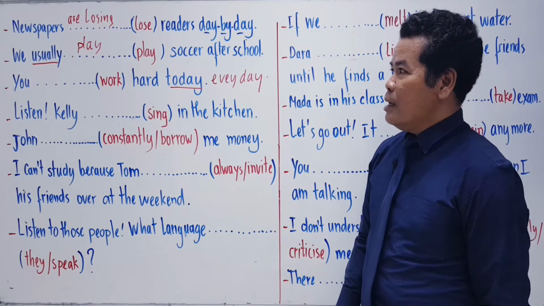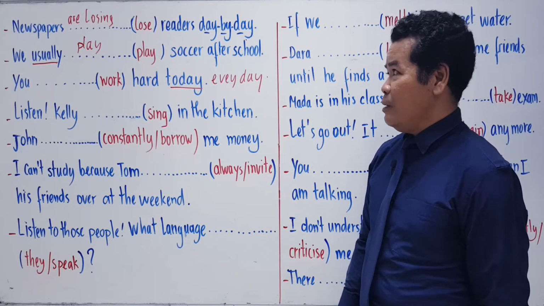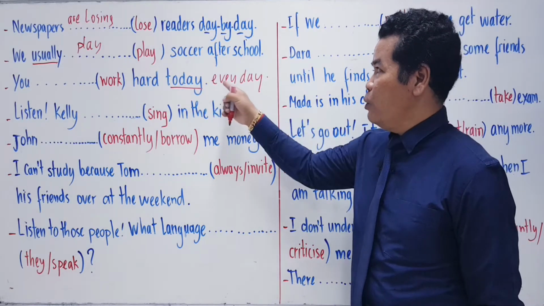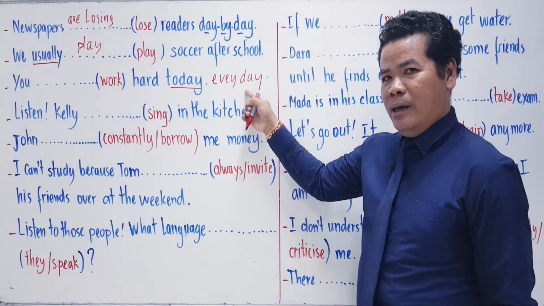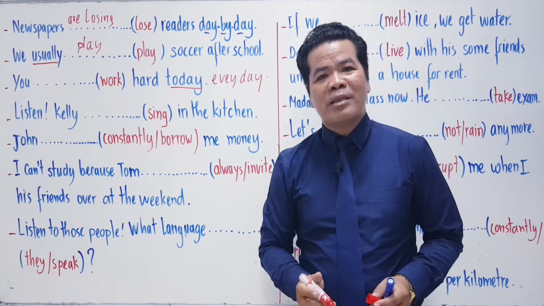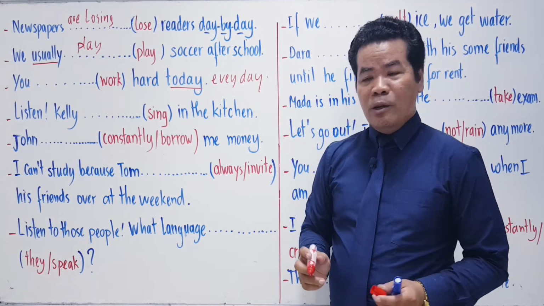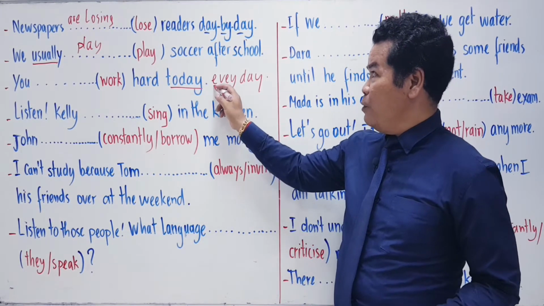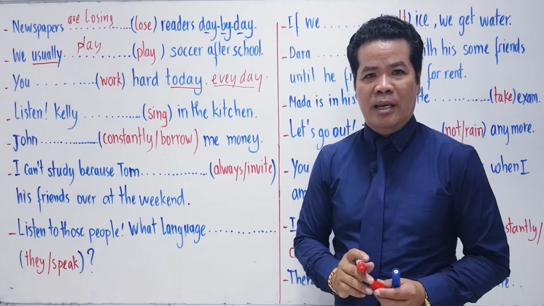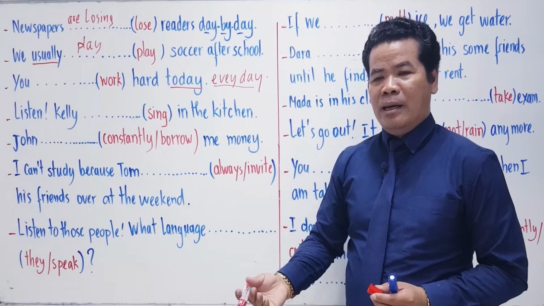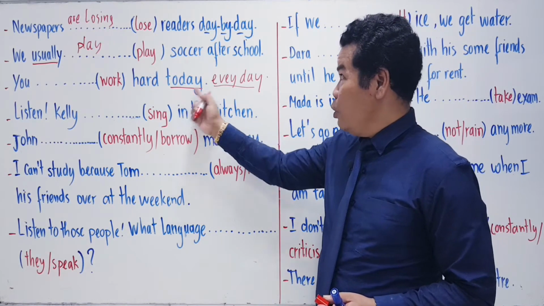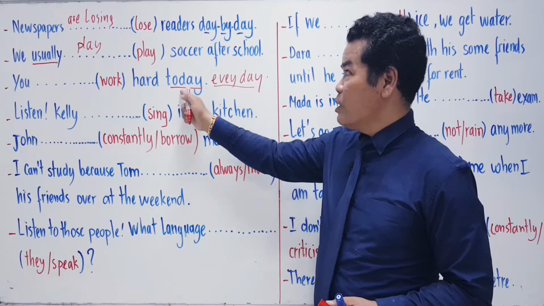Do we use the present simple or present progressive in case I change today to every day? It's got to be present simple. Why do we use present simple here? Because we use the word every day, the action happens again and again.